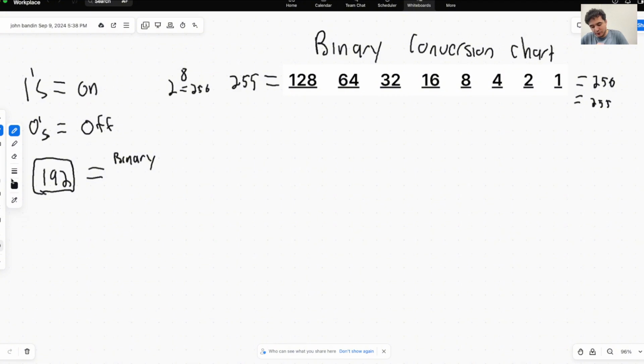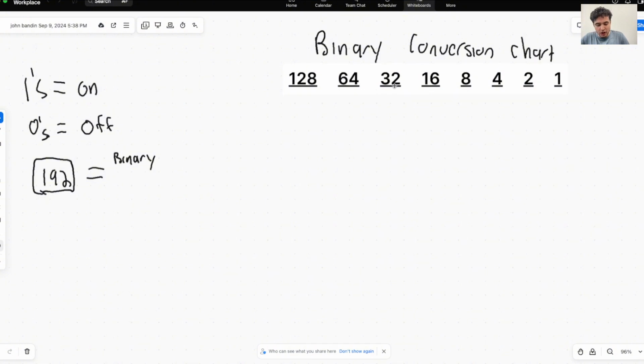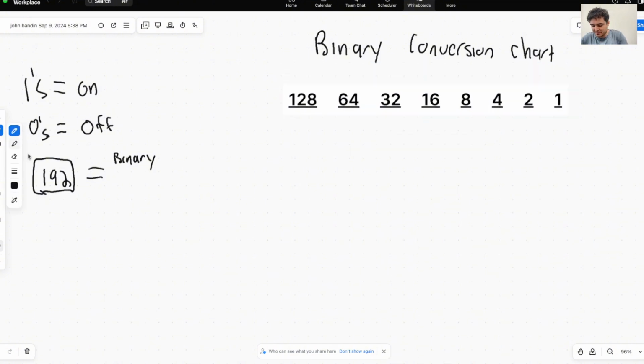Now without confusing you too much, I'm going to erase this and move on. Because we're here for one reason, and that is to get you to convert dotted decimal format, or our human readable format, into binary. So here's how we do it. So we take our binary conversion chart, and we're going to take this real number, we're going to put it above here.